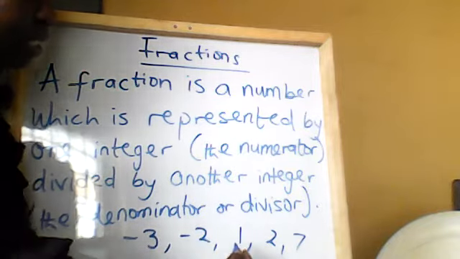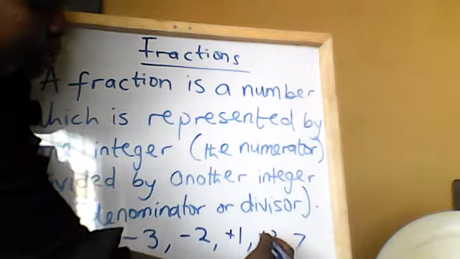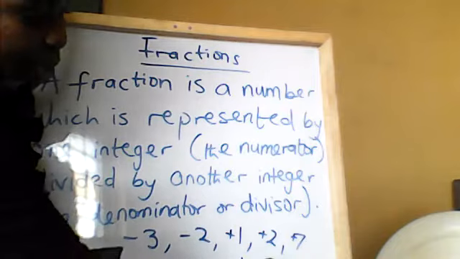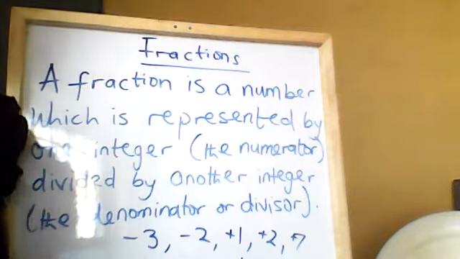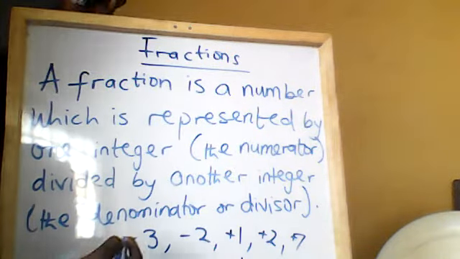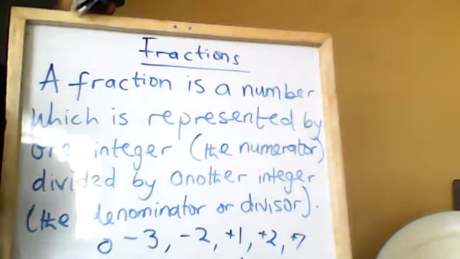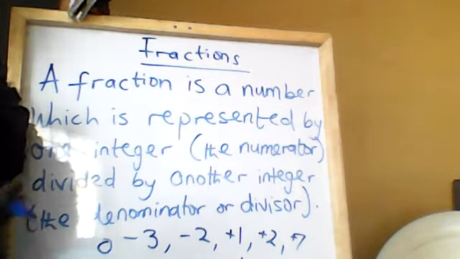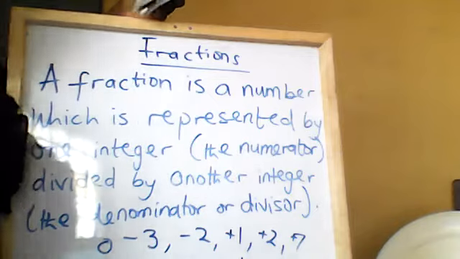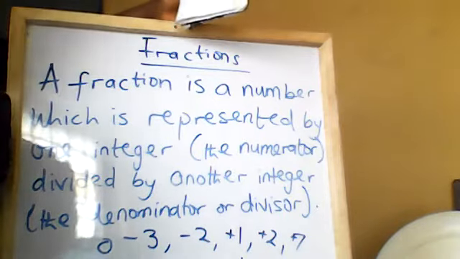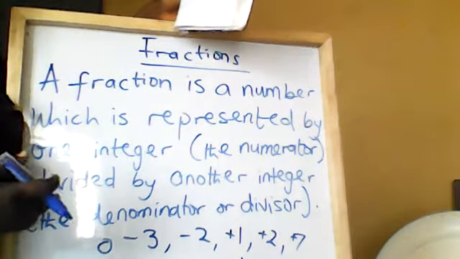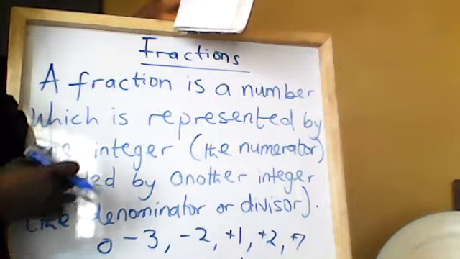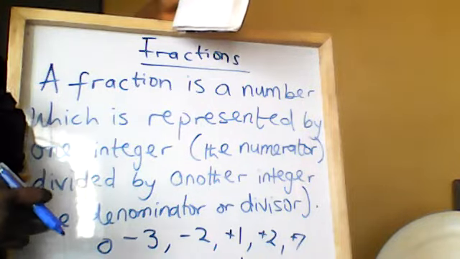So a positive number can be written with the positive sign or without it. 0 is also a part of numbers. So we have positive integers and we have negative integers. Integers are all numbers. So a fraction is a number represented by one integer divided by another integer.